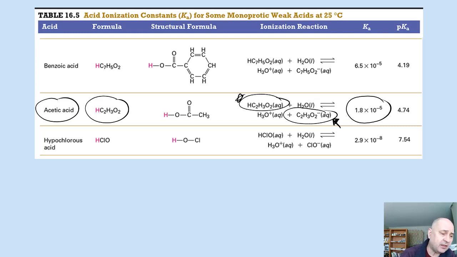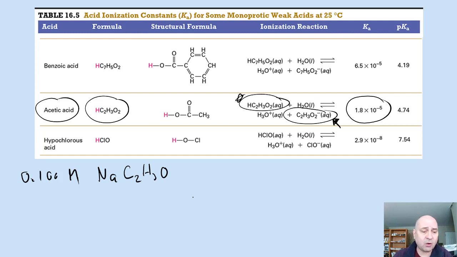And so if you have a 0.100 molar solution of any acetate, let's just use sodium acetate for ease, but that doesn't matter, what that means is we don't have any acetic acid in solution. None. Zero. Unlike a 0.1 molar solution of acetic acid, where we have a lot of acetic acid in solution. This is a soluble ion.